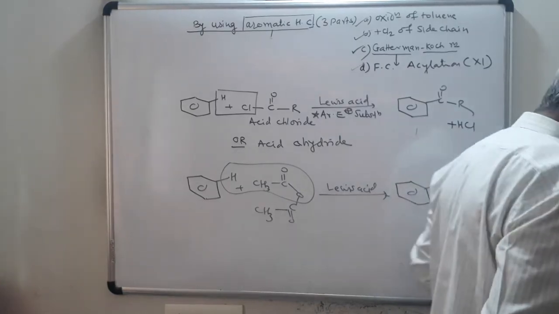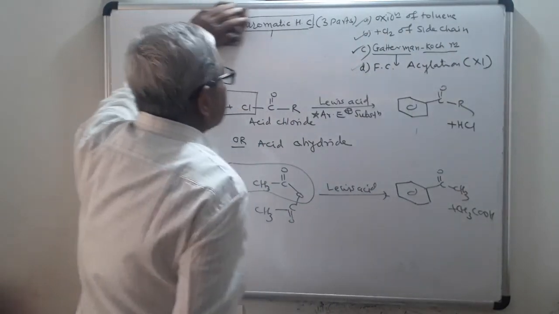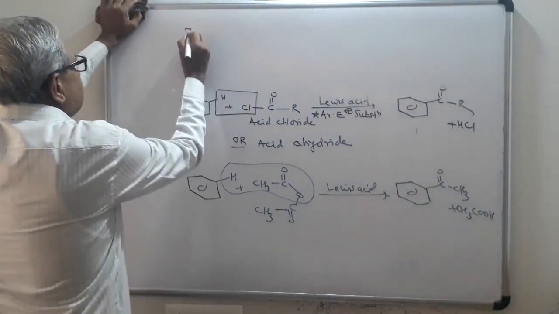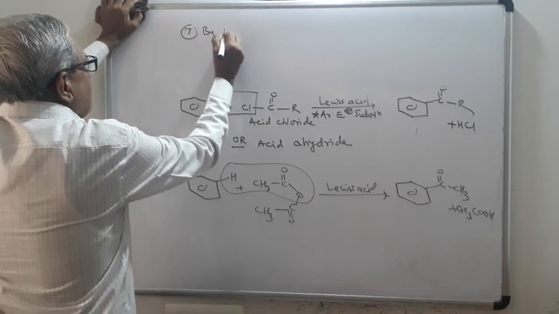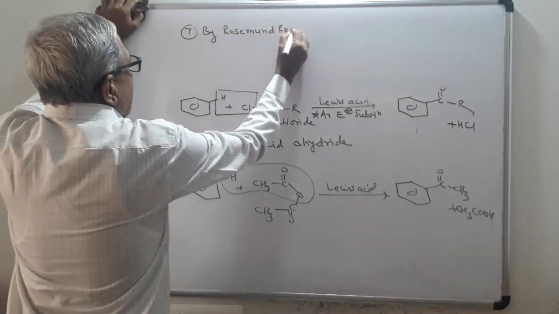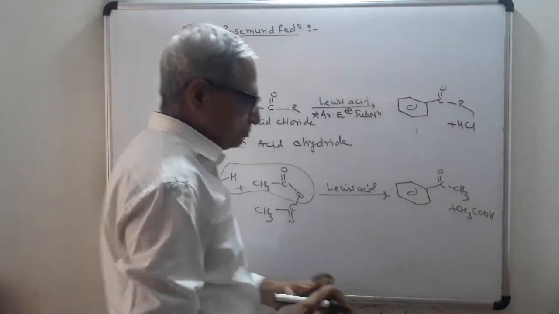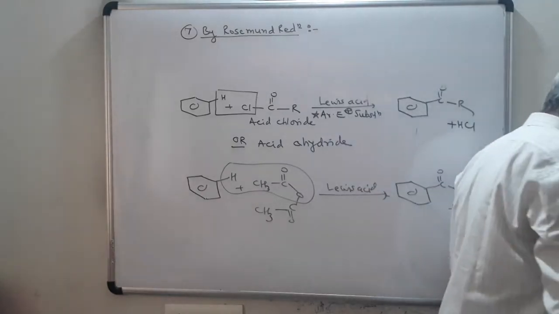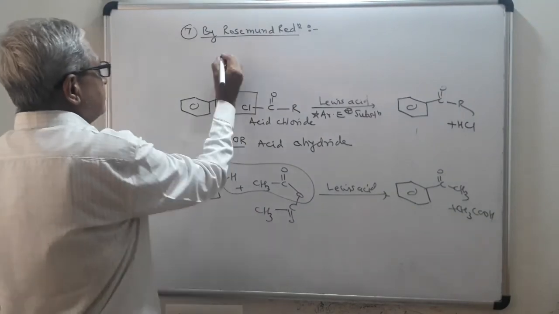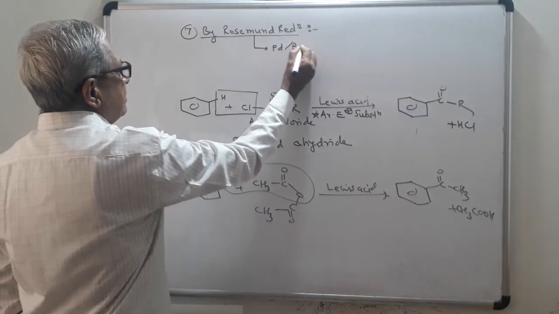Then the last reaction, that is by using the Rosenmund reduction. This is your method number 7, by Rosenmund reduction. In Rosenmund reduction, the reagent used is palladium and BaSO4.